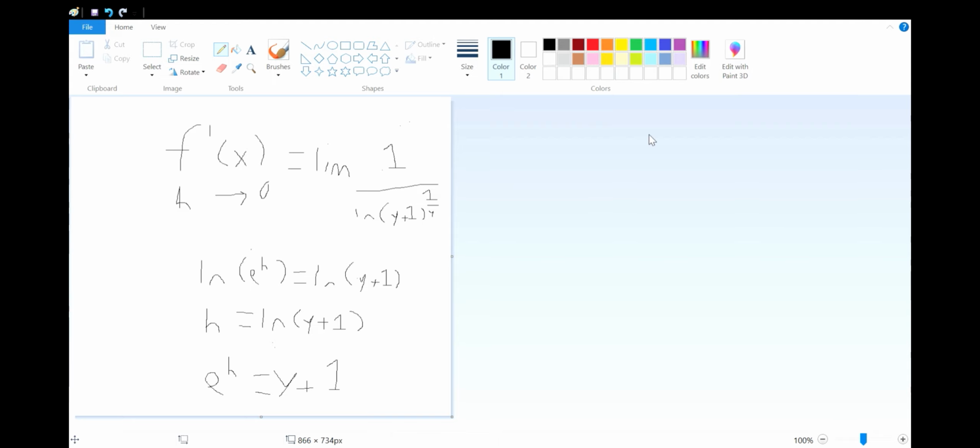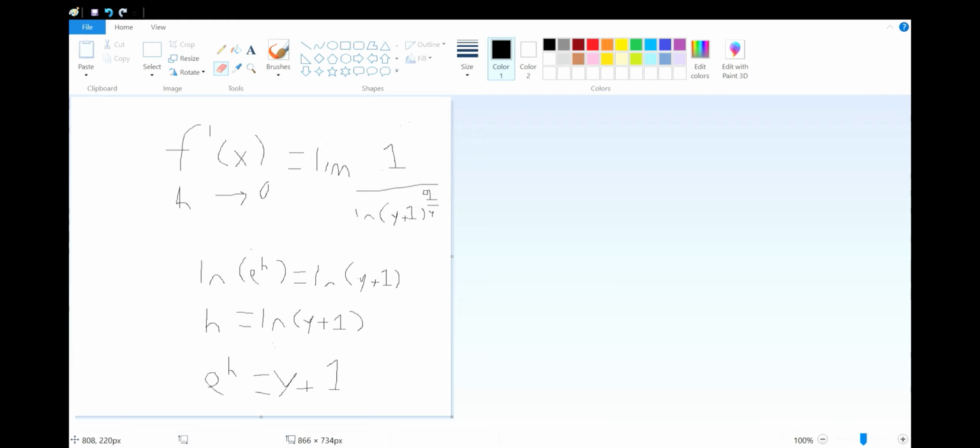We can now notice that Euler's number is defined as the limit of, as x approaches 0, the function of x plus 1 raised to the power of 1 over x, which is exactly the function we have in the denominator.